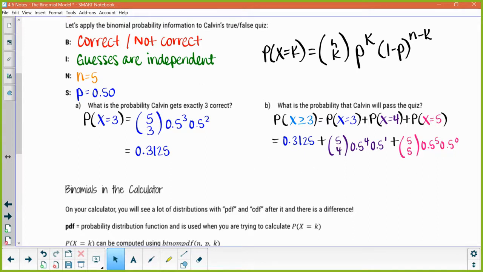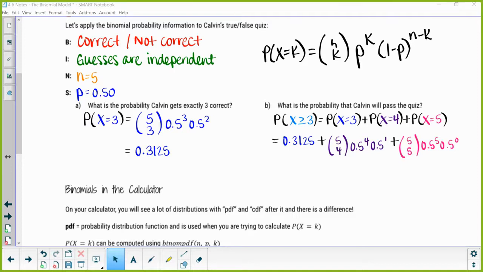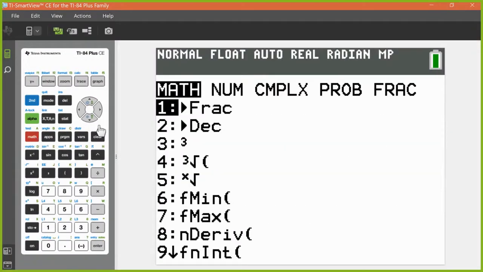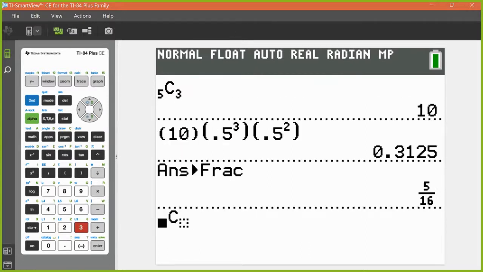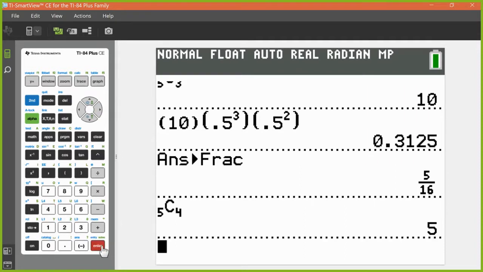I'm not going to go through this whole thing in my calculator, but I do want to show you one more time how to do combinations. I'm going to go to math, probability, down to number 3. For my x equal to 4, I have 5 trials and there are 4 successes. That means 5 combinations result in this happening.